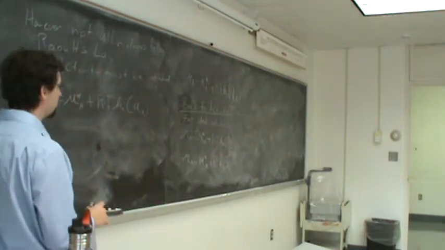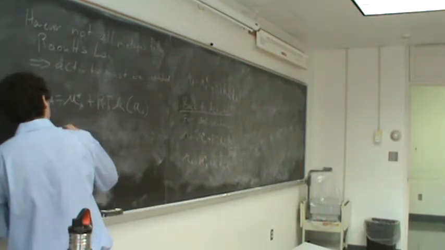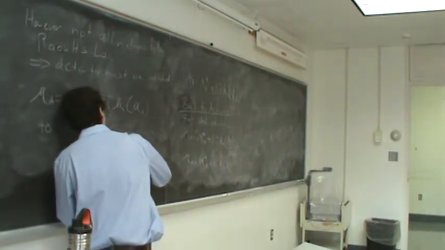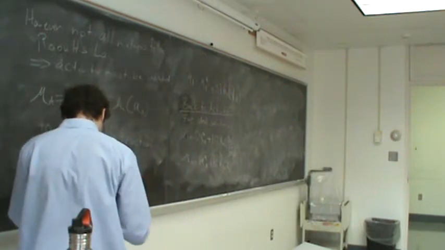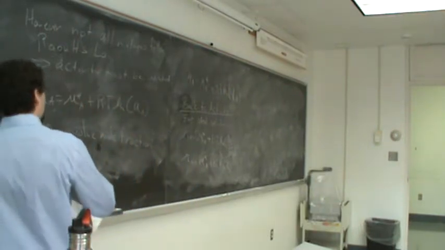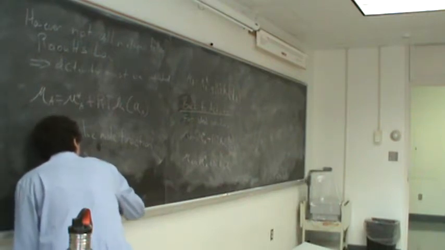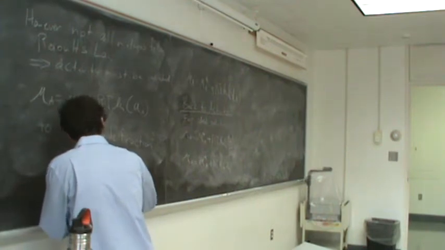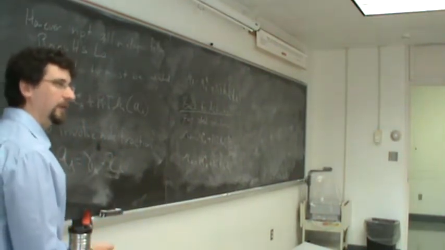Okay, and if we're talking about mole fraction, what we can do is say the activity of A is equal to this gamma term times the mole fraction of A. And what's that gamma term?